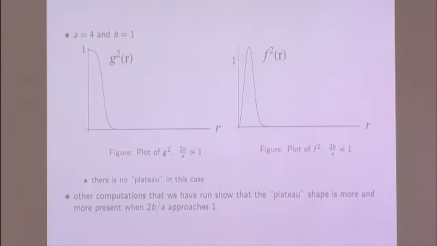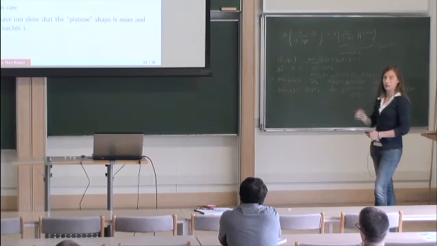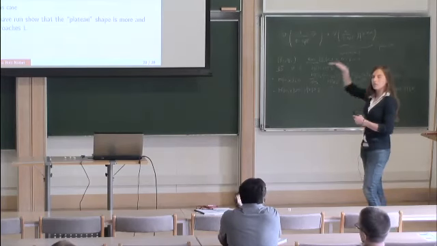Other computations that we ran show that the plateau shape is more and more present when 2b of A is close to 1. And it's normal because when the initial condition is close to 1, then the solutions stay close to G equal to 1 for a long time. And then we have a plateau shape.